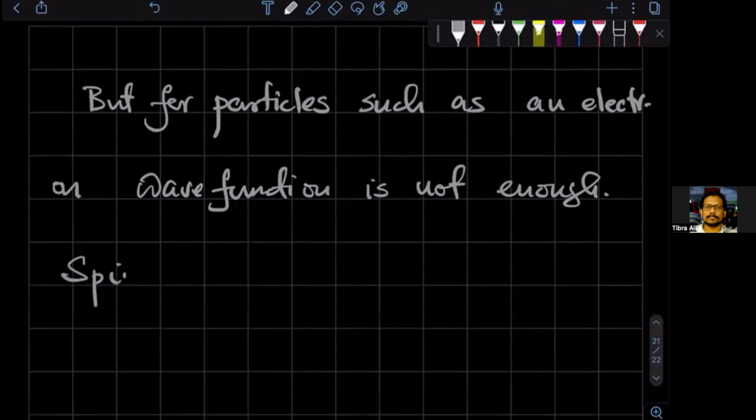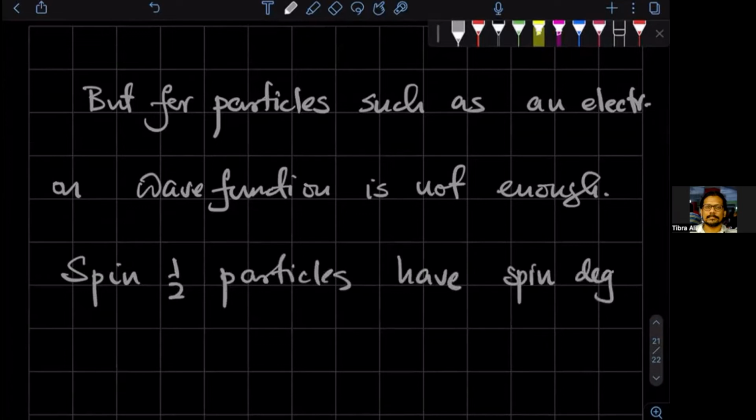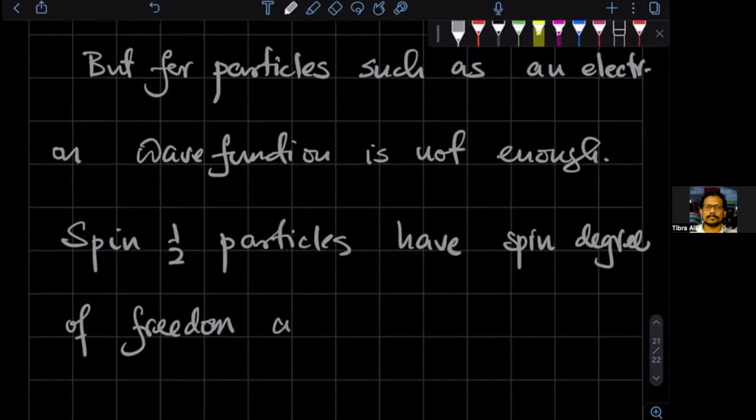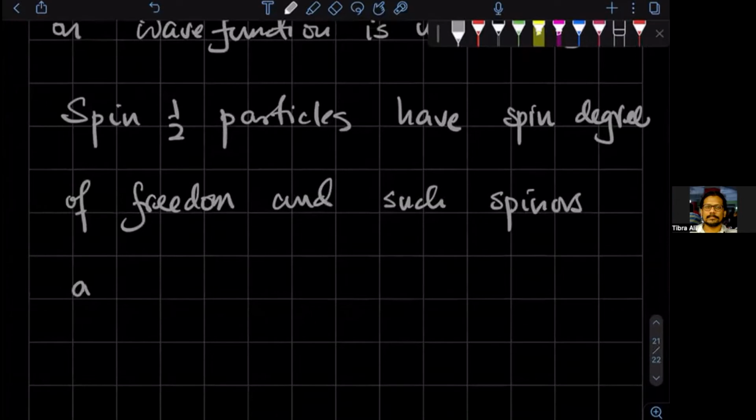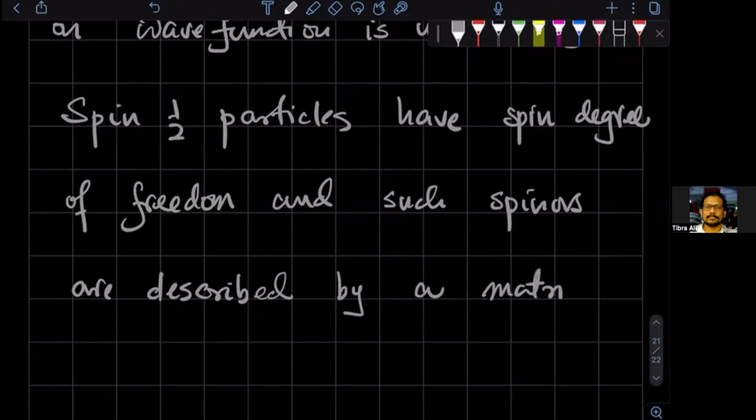Such particles, such as spin half particles, have what is known as a spin degree of freedom, and such spinors, as they're called, are described by a two-component matrix wave function.